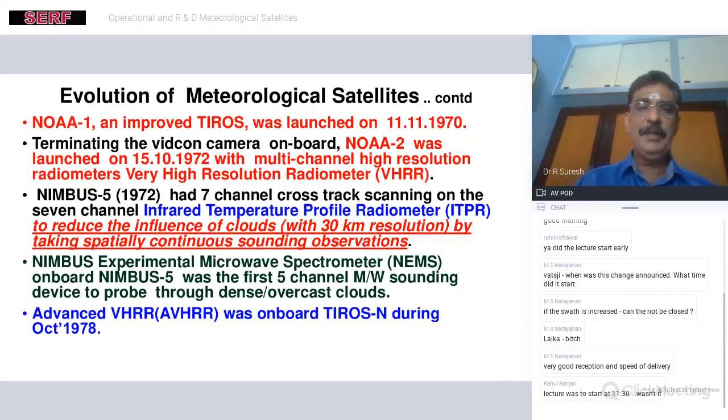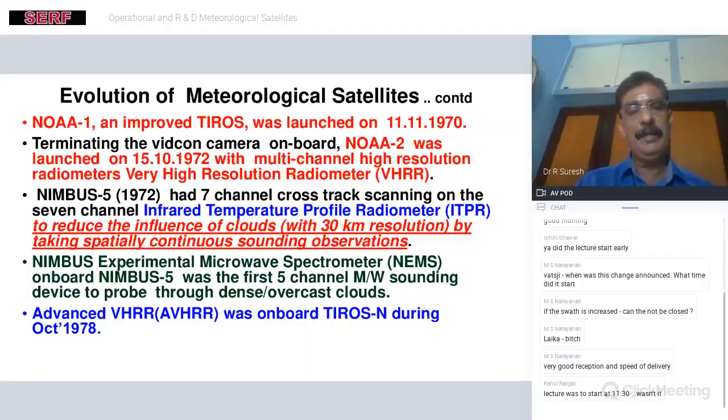The Nimbus 5 instrumentation had ITPR, the Infrared Temperature Profile Radiometer, which is nothing but a sounder, similar to or complementing our radiosonde techniques. It gives the vertical profile of temperature.